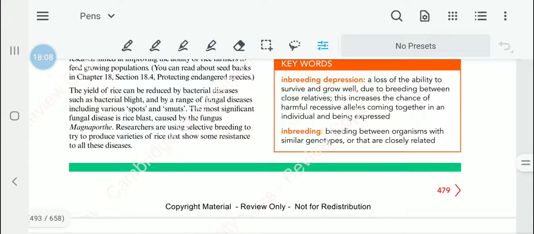So that is the improvement that has been gained by these genetic variations.